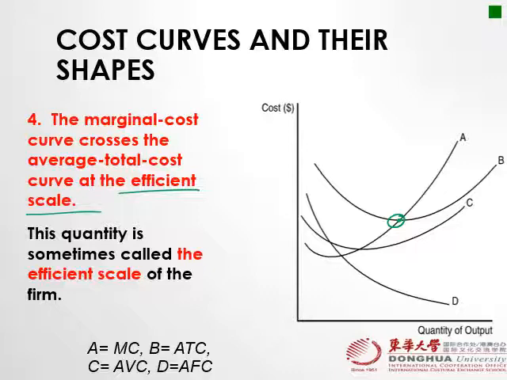So let me just erase it. The marginal cost cuts the average total cost at its minimum, which is the efficient scale, right?